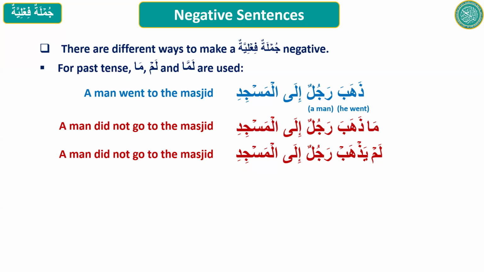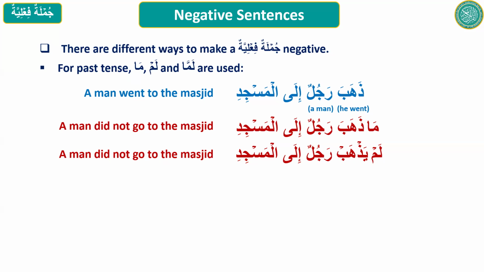Just remember, zahaba has changed to al-fi'l mudari, and the last letter, the damma of yazhabu, has to go and be replaced with a jazm. Now this means a man did not go to the masjid. Lam yazhab rajulun ilal masjidi. A man did not go to the masjid.